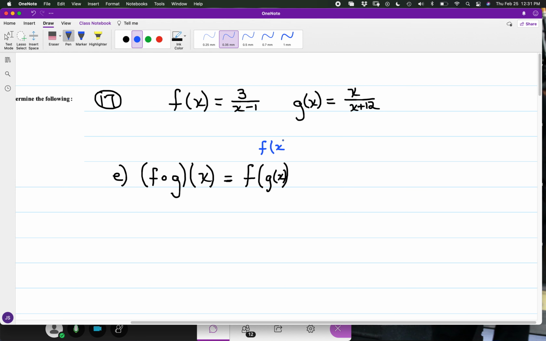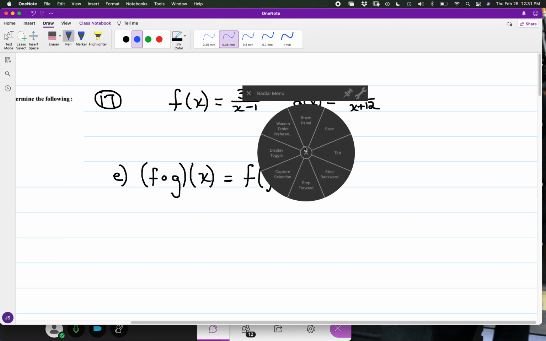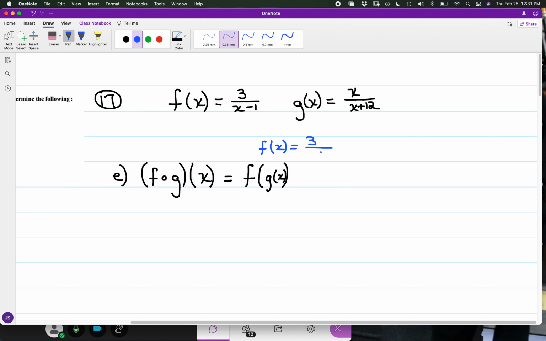So f of the input is equal to 3 over the input minus 1. For the composition, the input is g of x.